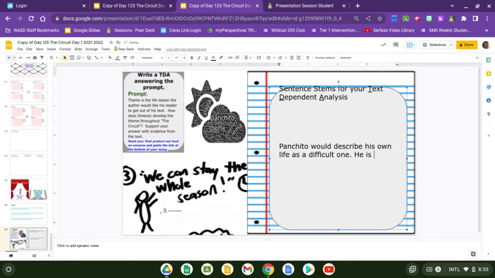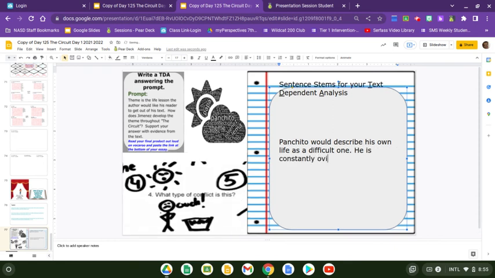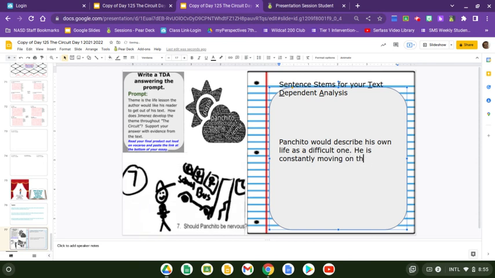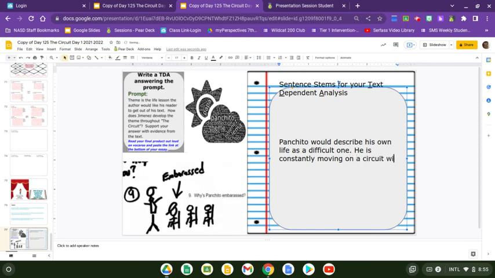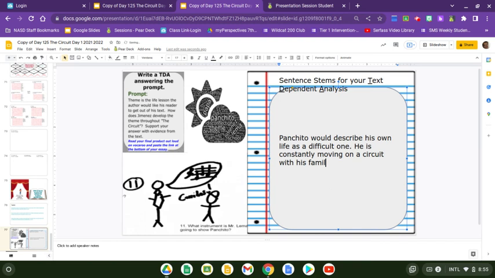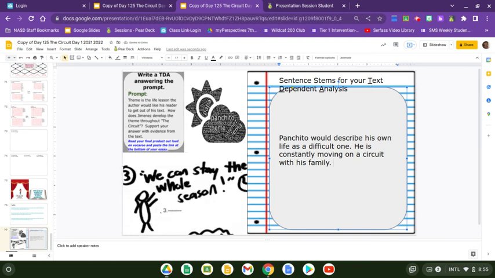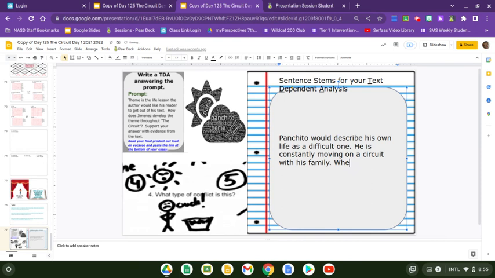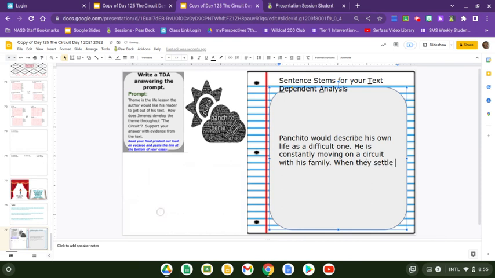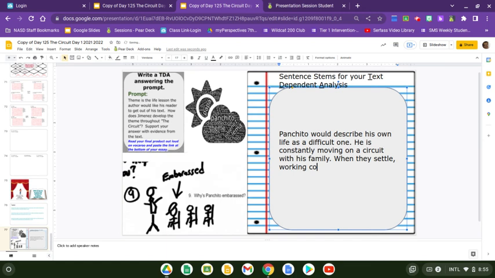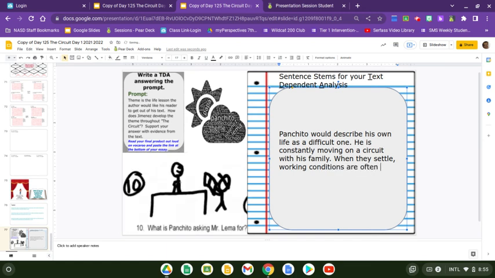He is constantly moving on a circuit with his family. And then finally, when they settle, working conditions are often difficult.